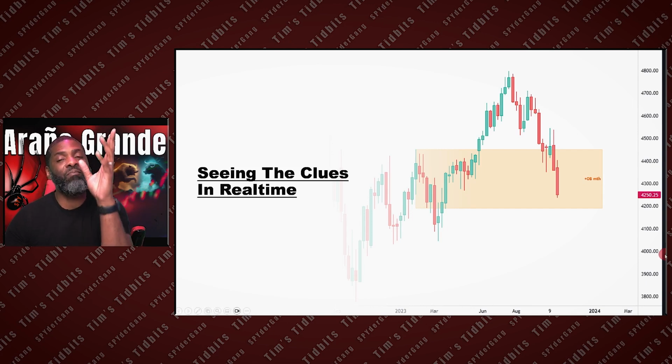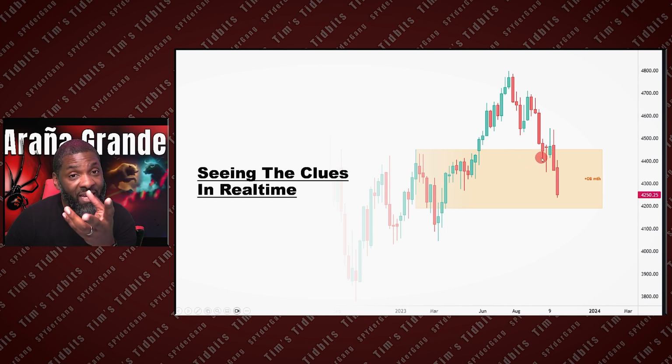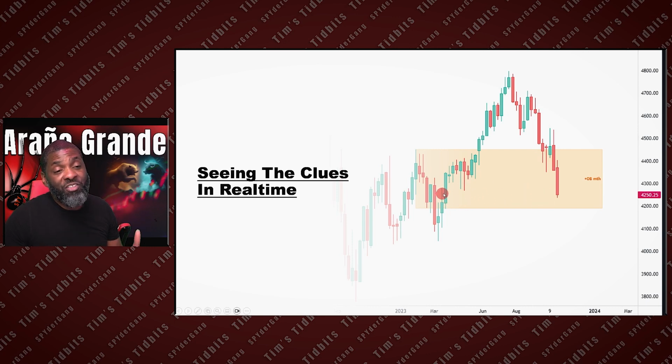Now, looking at this chart here, OG Gang, remember this. If you are an OG Gang member and a mentee, you remember this. This is how the chart looked way back in October when we had come down to some PD arrays. I only marked out the bullish order block because we haven't covered breakers or mitigation blocks.